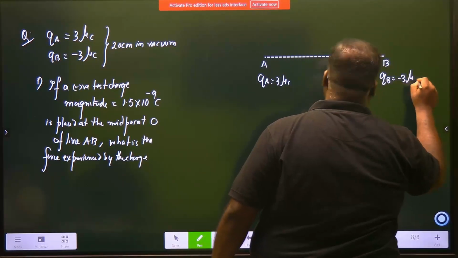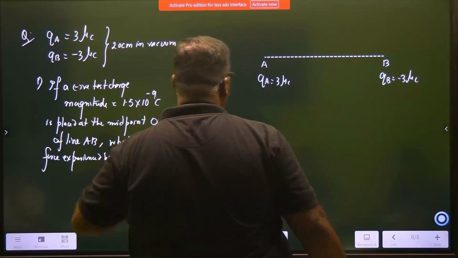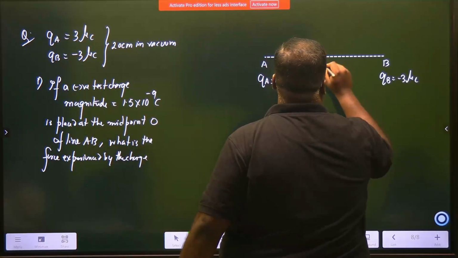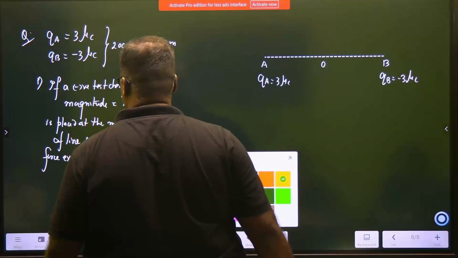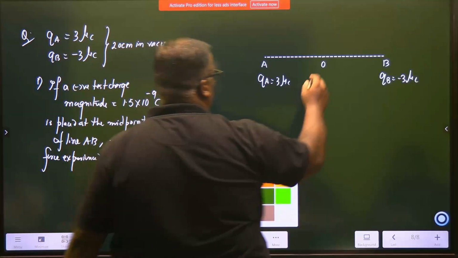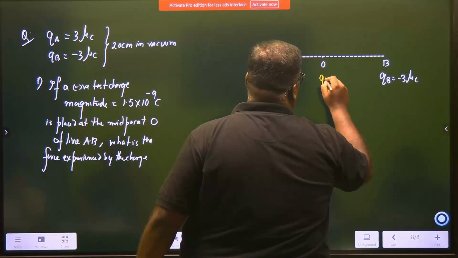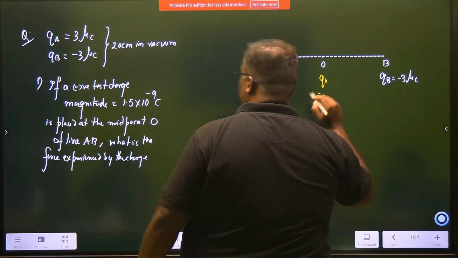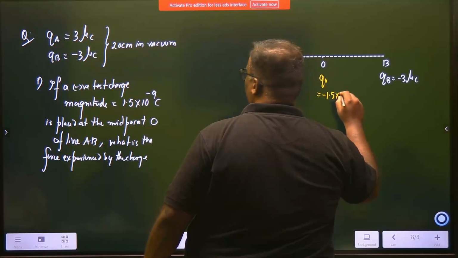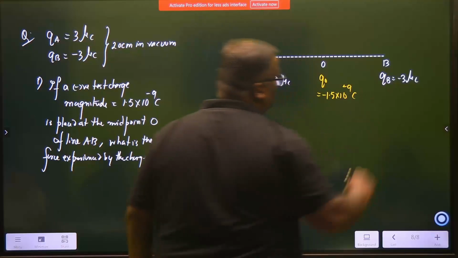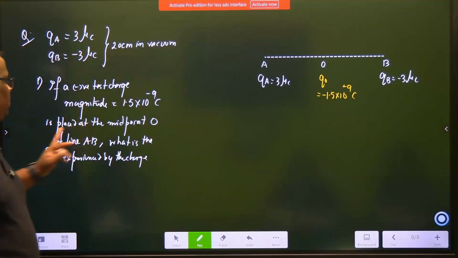Negative 3 microcoulomb, right? And there is a midpoint. The midpoint is O, and at the midpoint you have brought another interesting charge, which is Q naught. Q naught is negative how much? 1.5 into 10 to the power minus 9.